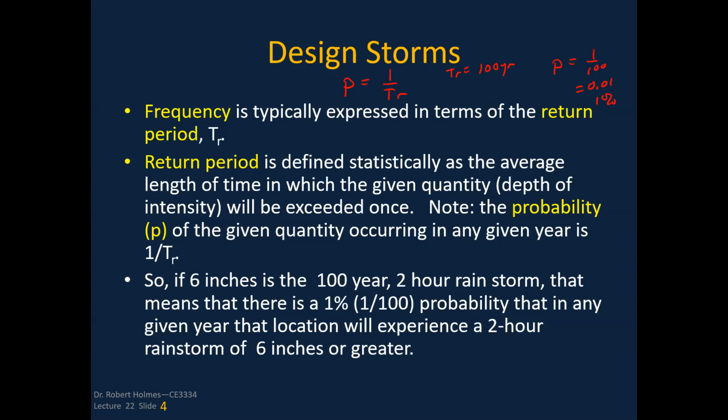So return period is defined statistically as a statistical average length of time in which the given quantity will be exceeded once. All right, so here we've got a 100-year, 2-hour rainstorm. That means that there's a 1% chance or 1% probability that in any given year, that location will experience a 2-hour rainstorm of 6 inches or greater.